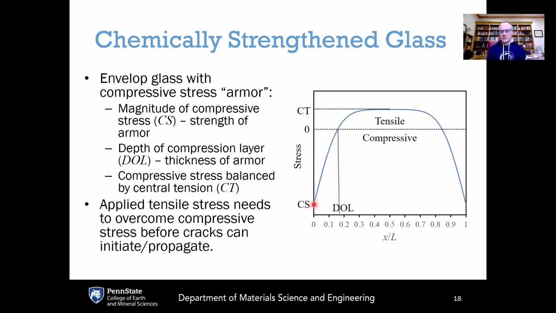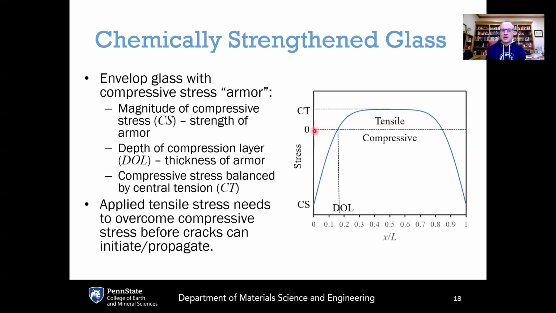Now, as you go from the outer surface into the interior of the glass, the concentration profile is decaying following the complementary error function shape, and the stress profile is mirroring that with a shift such that the 0 crossing point of the stress here, this 0 stress, is occurring where the integrated compressive stress is equal to the integrated tensile stress.